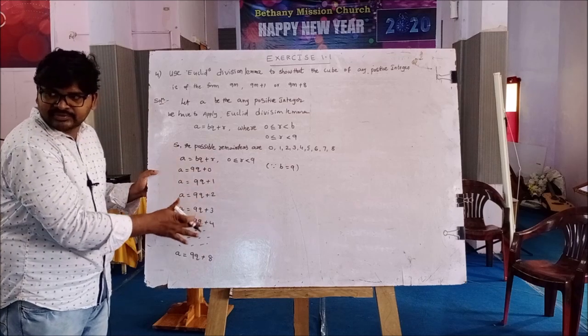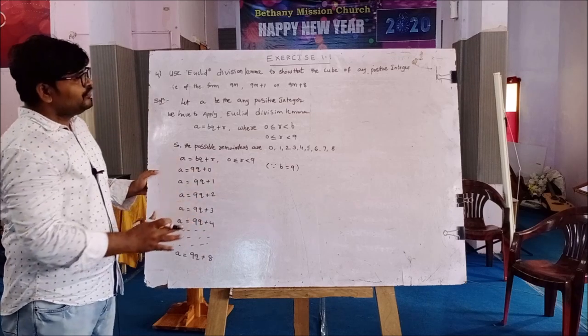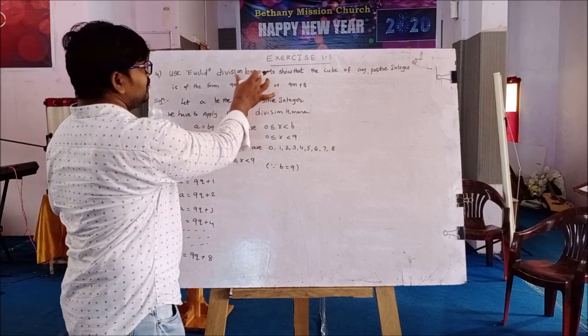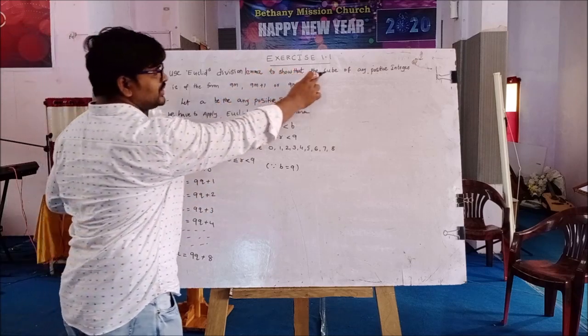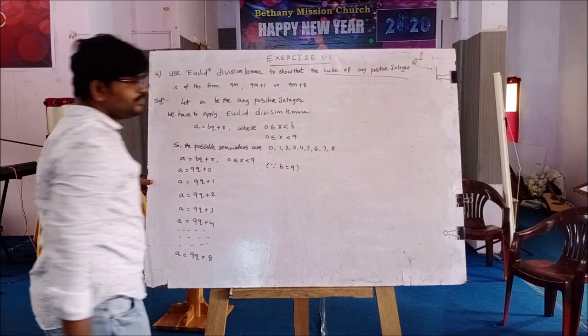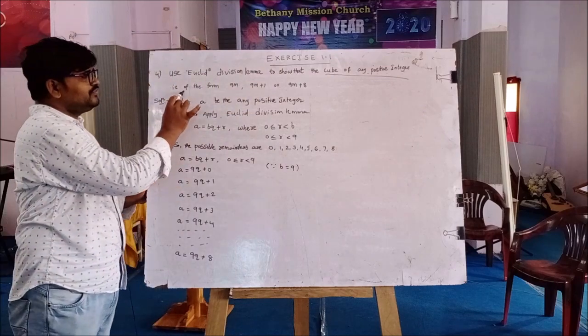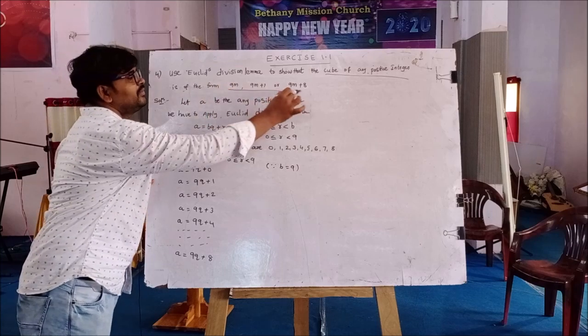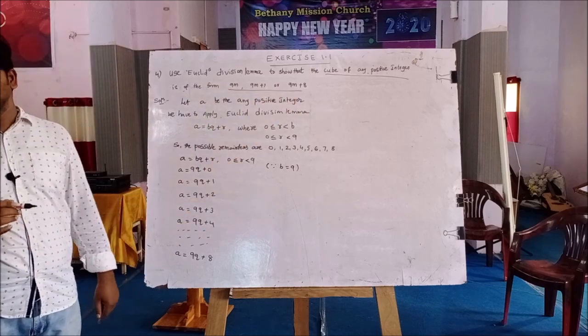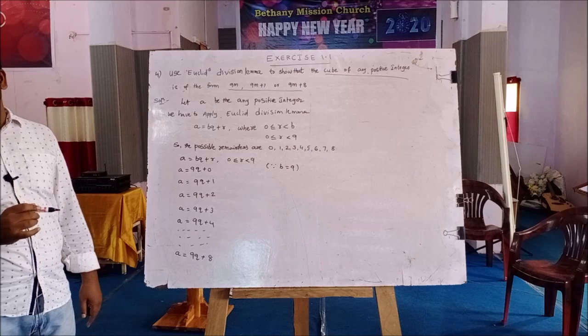This is the concept, but we have to prove according to Euclid division lemma that the cube of any positive integer is of the form 9m or 9m plus 1 or 9m plus 8.